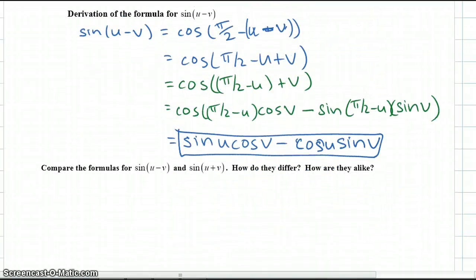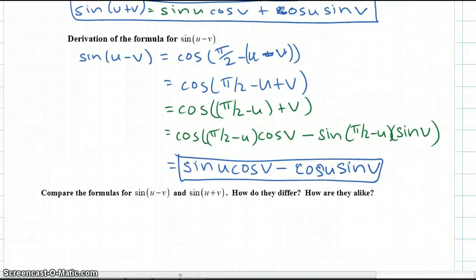The question asks us to compare the formulas for sine of u minus v and sine of u plus v. How are they different and how are they alike? We'll start with how they're alike. It's the sine of one angle times the cosine of the other, plus the cosine of that first angle times the sine of the other. How are they different? They have opposite signs.